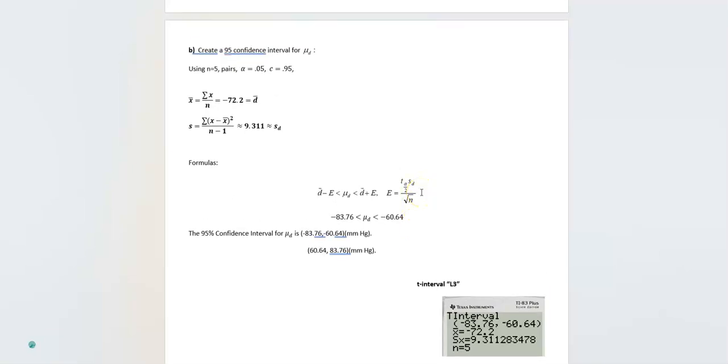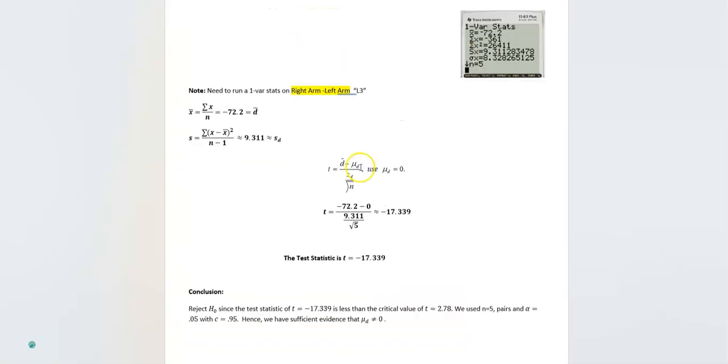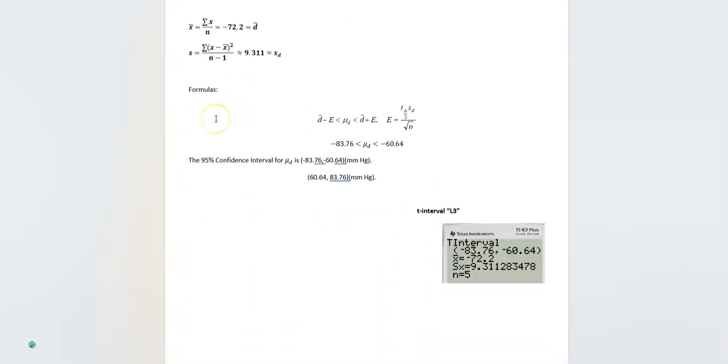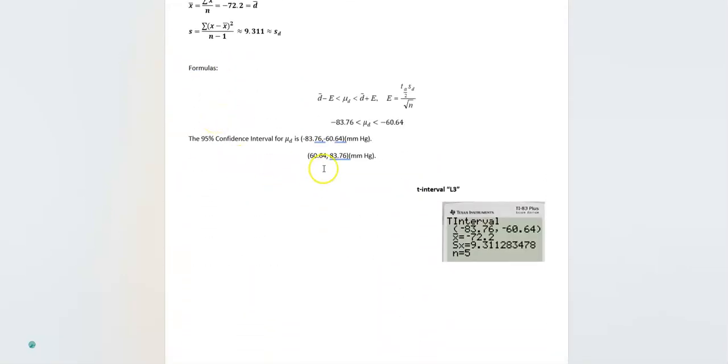Also, the software may be asking you to put these as positive values. So if they're asking how large could the difference be between, let me go back to, in this case, the right arm and the left arm, the largest of the difference is anywhere between 60.64 to 83.76.